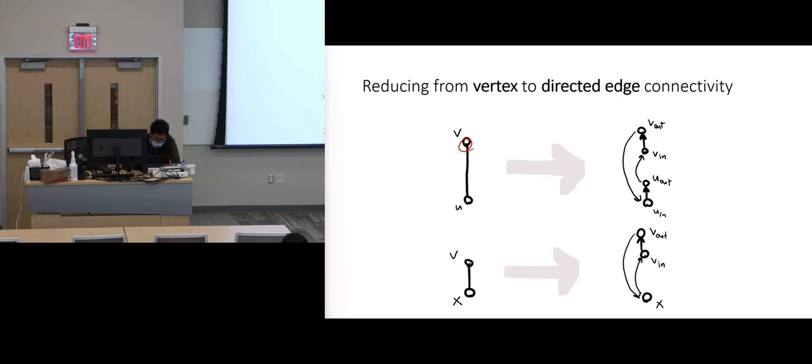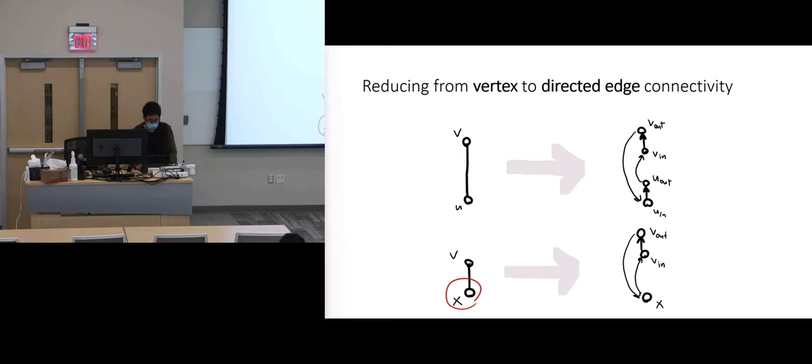You do the same for every node. Then if there is an edge between U and V, you add an edge from U out to V in and from V out to U in. Do this for every node except the seed. The seed X you don't split, but every other node you split into an in node and an out node.